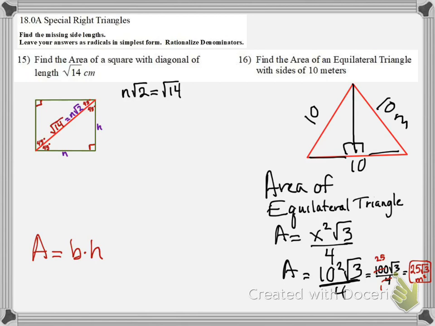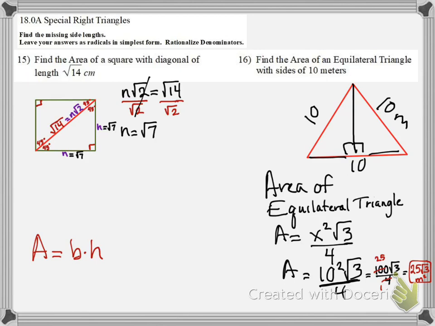I'd say, how do I get the n by itself? Divide by root 2. Divide by root 2. And because those are both roots, I can do root 14 divided by root 2 is root 7. Now that's not the answer to my question, so I'm not actually going to circle it. I'm just going to put it on the sides of my square. This is root 7, and this is root 7.